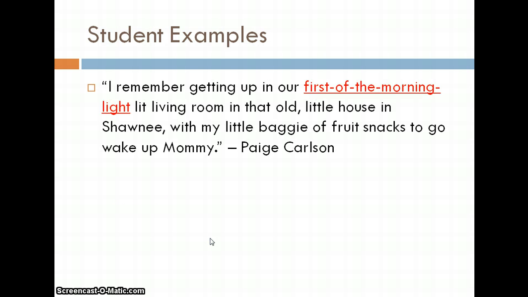So the first student example is, I remember getting up in our first-of-the-morning-light-lit living room in that old little house in Shawnee with my little baggie of fruit snacks to go wake up Mommy. So this particular student wanted to make sure that you understood what kind of light was coming in the living room. First-of-the-morning-light, and that is the hyphenated modifier, describing the light that was coming in the living room.